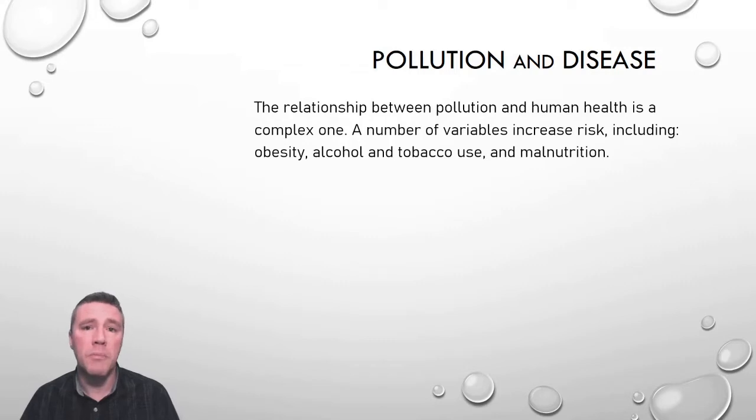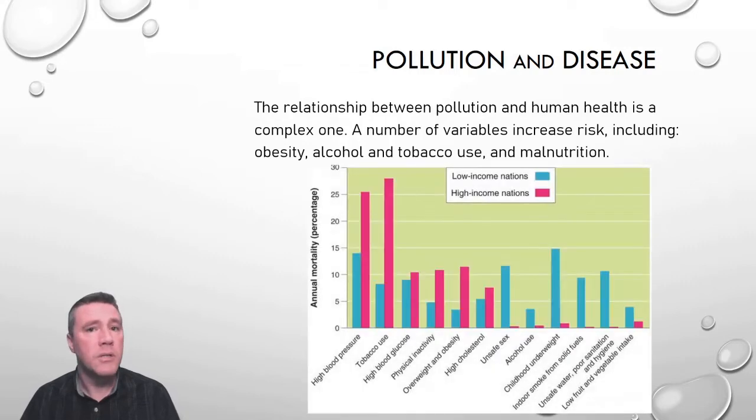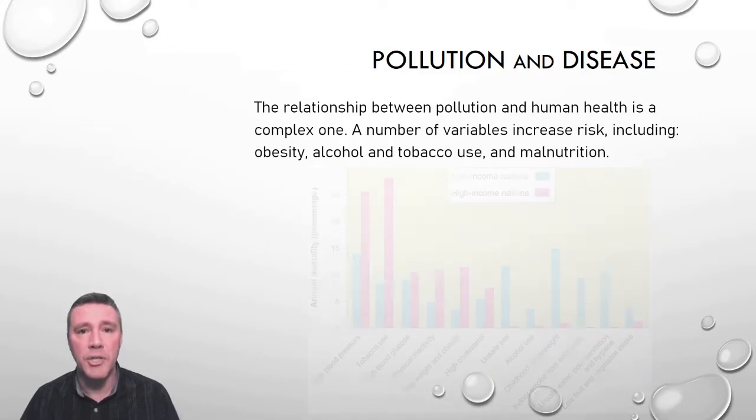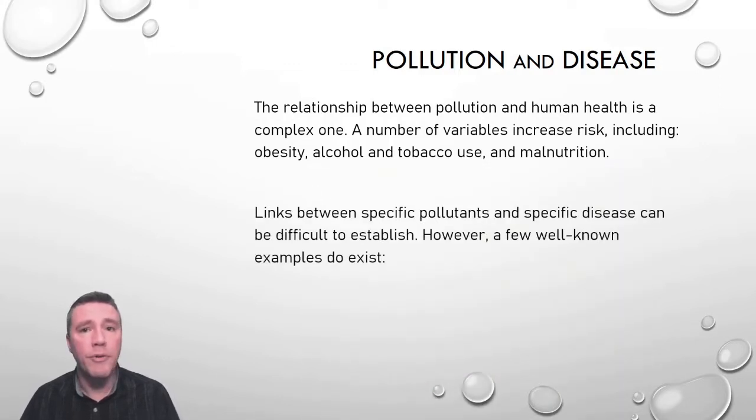A number of human behaviors and conditions, some willingly engaged in and others not, include obesity and the use of tobacco and alcohol, and malnourishment. For these reasons, connecting a particular pollutant to a specific disease is challenging, but there are a few well-known examples.